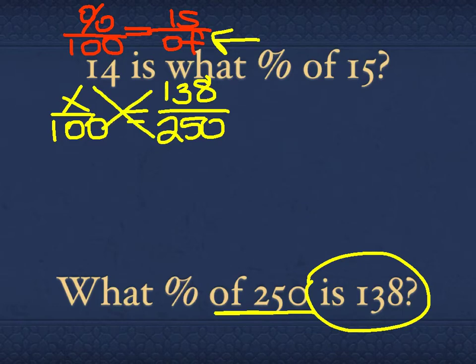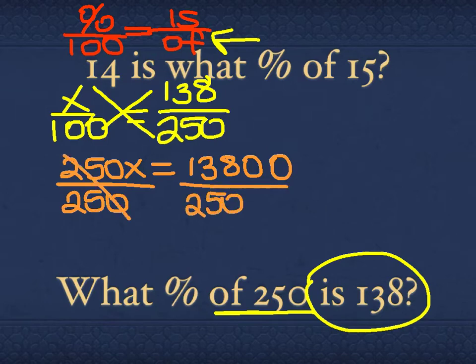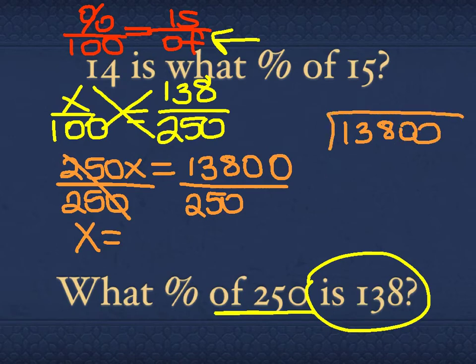So 250 times x is 250x, and 138 times 100 is 13,800. Now I use my inverse operations to solve for x. Let's see what x is. I have 13,800 divided by 250.